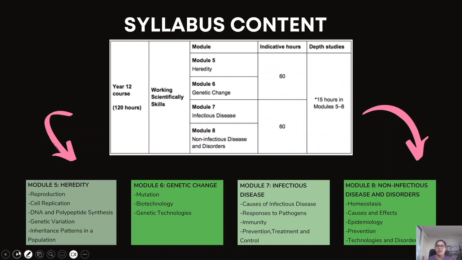This is what your HSC biology year will look like. There are 4 modules that you have to complete. The first 2 modules are module 5 and 6, and then we've got module 7 and 8. Now your school may not do them in that order. They can start off with module 8 first and then work backwards.